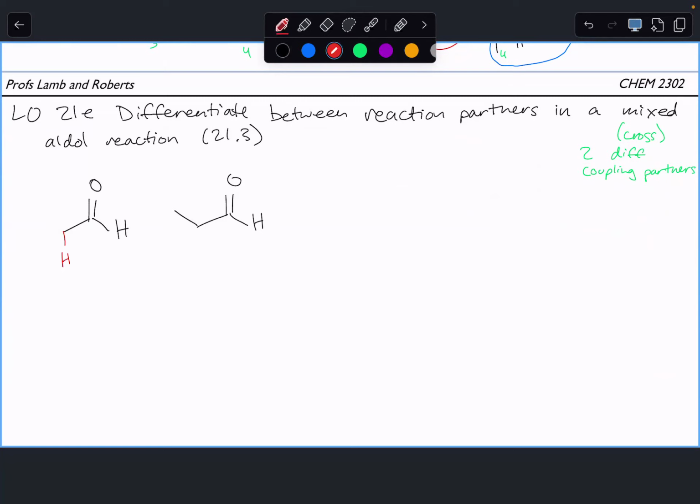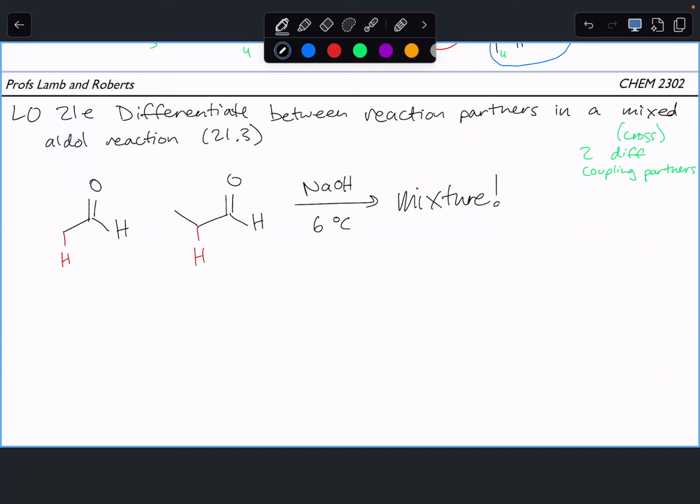They each have alpha protons. If we were just to mix those two things together, what do you get? A horrible mixture, because both of them can act as the nucleophile. Both of them can act as the electrophile. So they can react with themselves. They can react with each other. It's all over the place. It's not great.